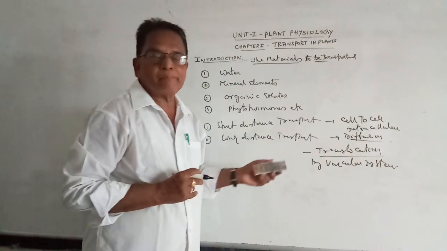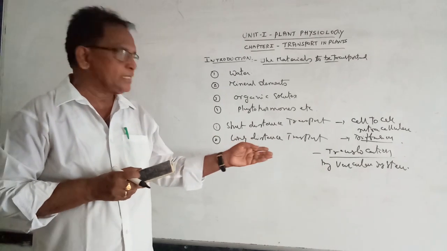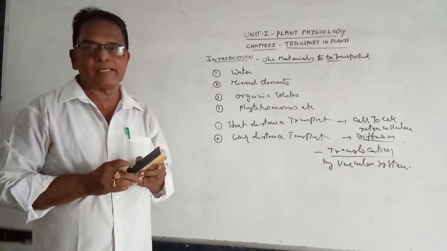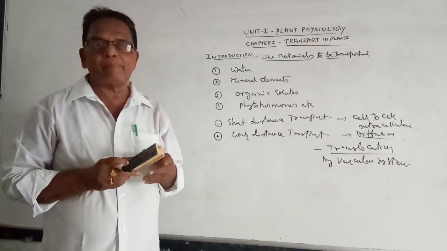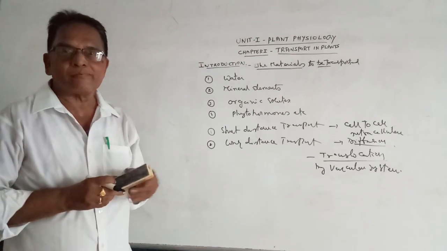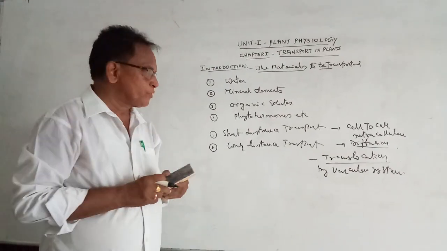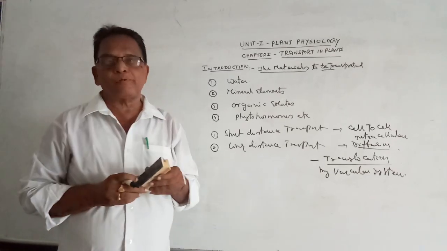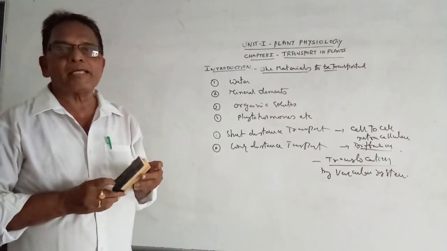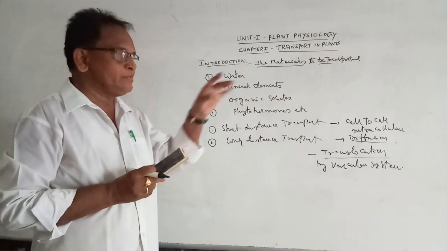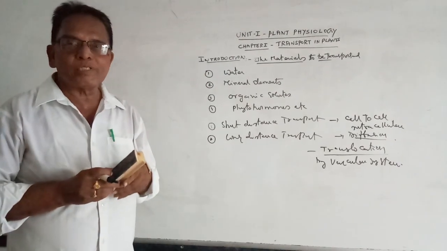The vascular system includes xylem and phloem, as you know already. The xylem is mainly meant for the transport of water from the soil to the tip of the plant body, and the phloem is responsible for the transport of organic nutrients from the leaf to the root system.